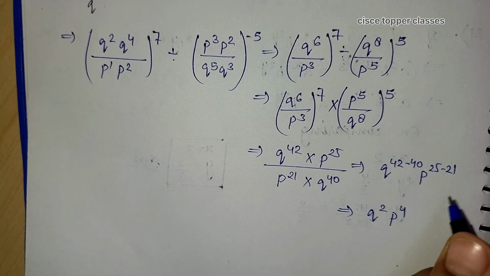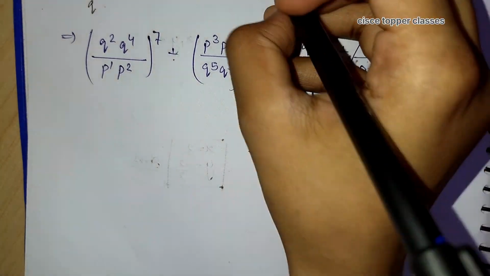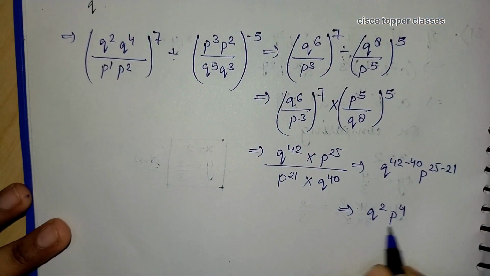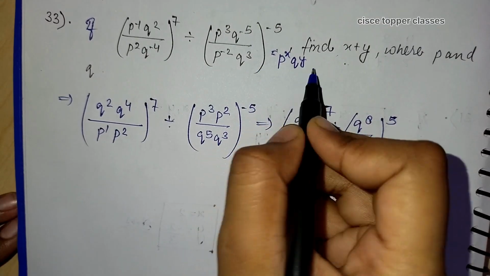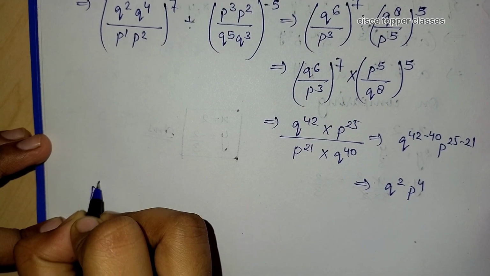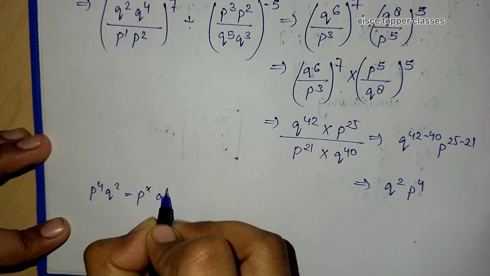Hence we have to find the value of x and y, and here it is p^x q^y. So now we will compare this p^x q^y with this part here. On comparing we get p^4 q^2 as p^x q^y.